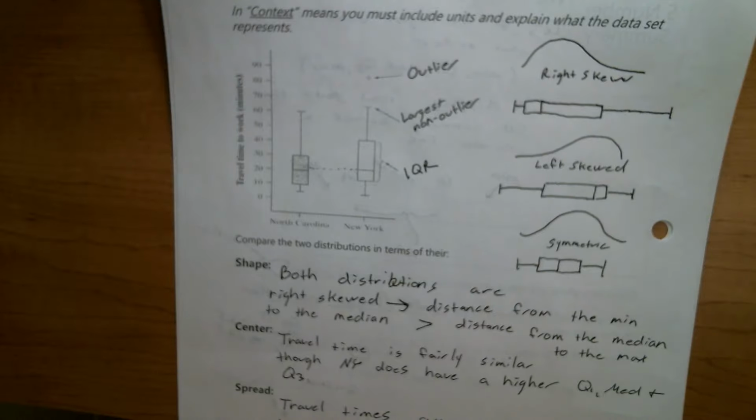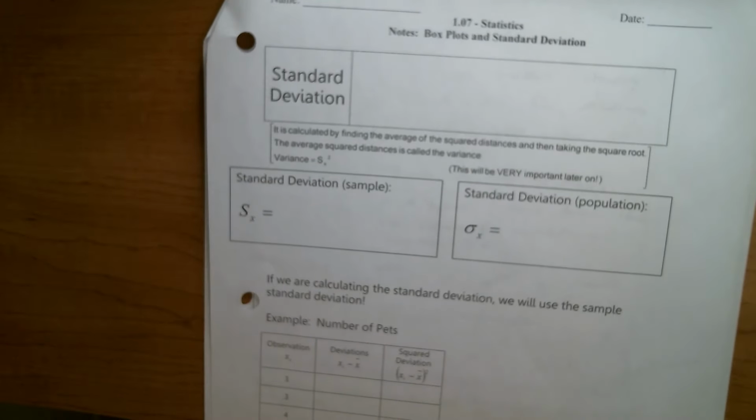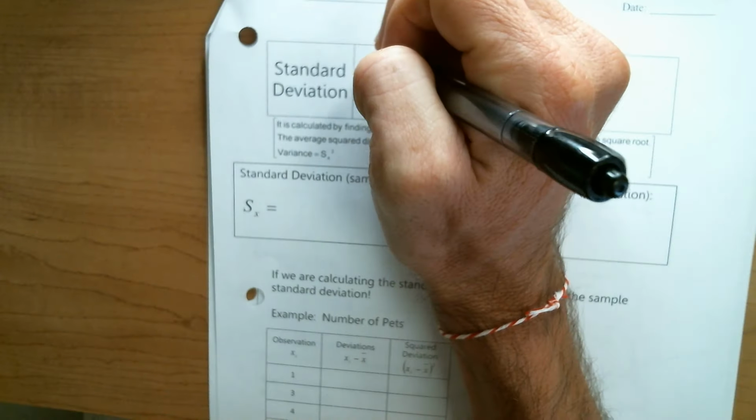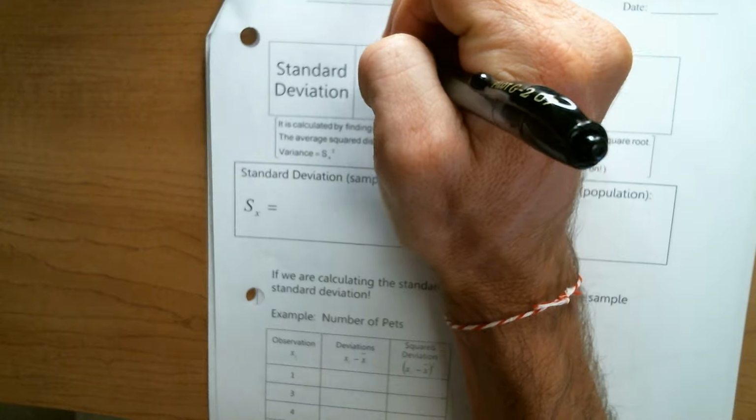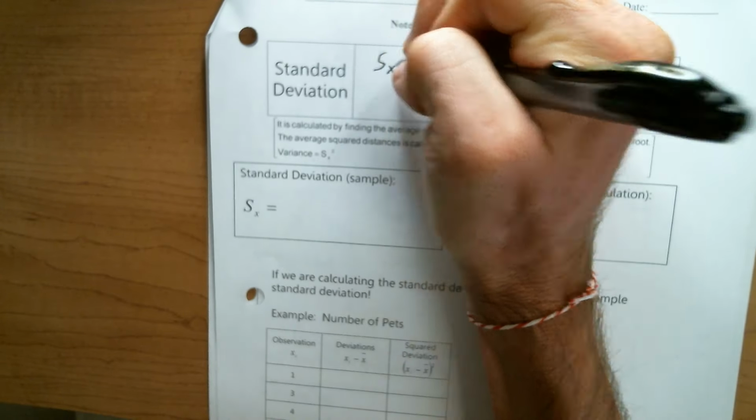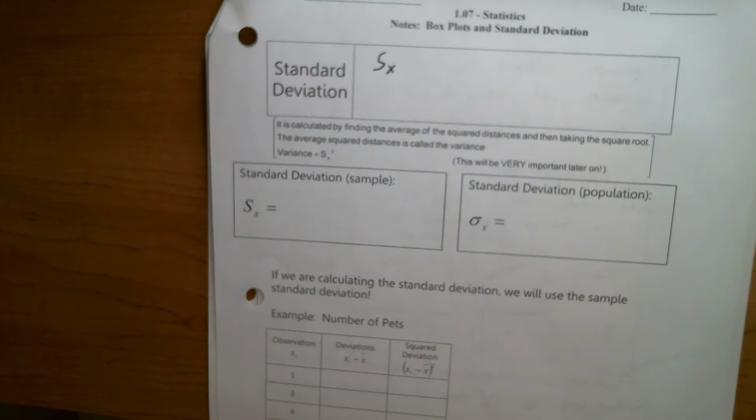All right. So next up, and this is actually the last statistic that we're going to talk about in this unit, but we're going to talk about it a lot because it's a major part of our course going forward, and that is the standard deviation. A lot of times you are going to see the symbol written as S sub x.